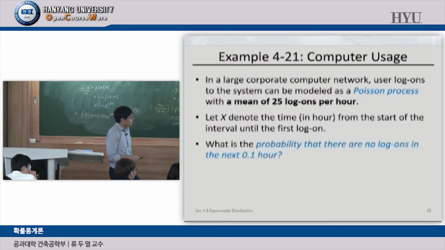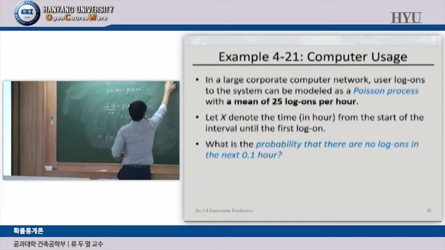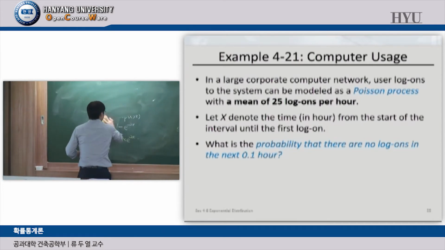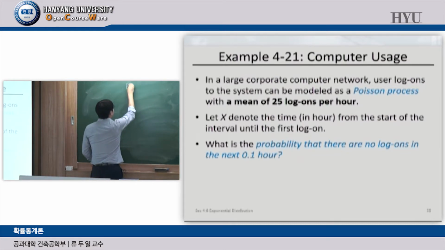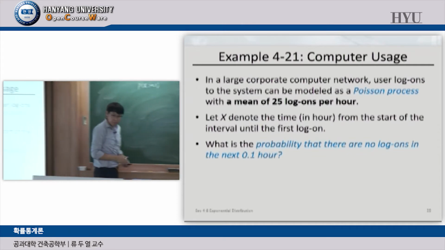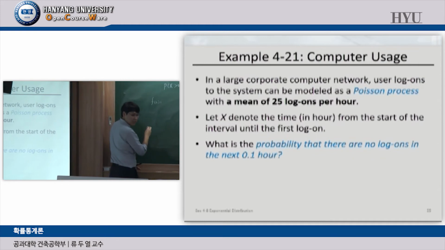What is the probability that there are no logons in the next 0.1 hour? This should be the probability of x when x is larger than 0.1, right?